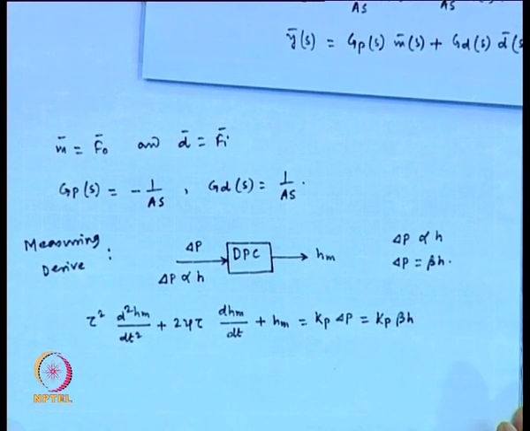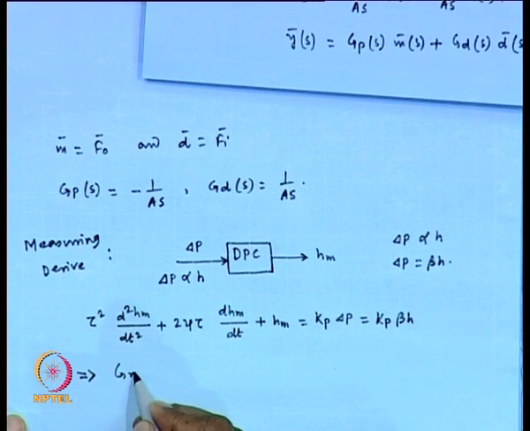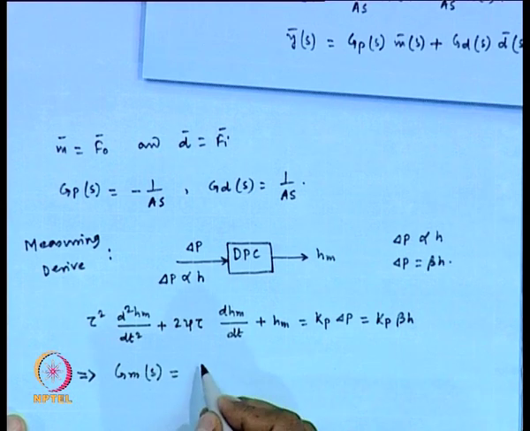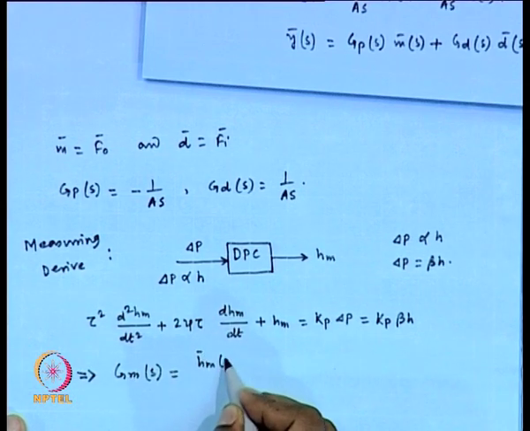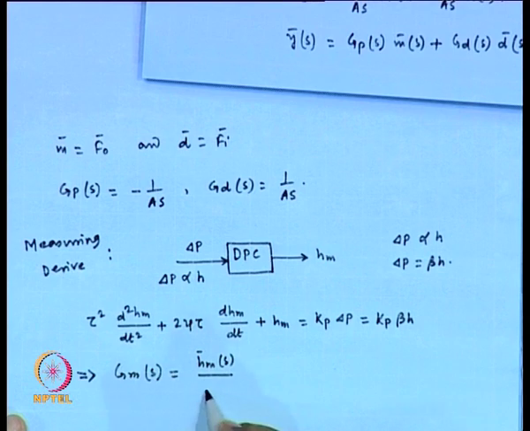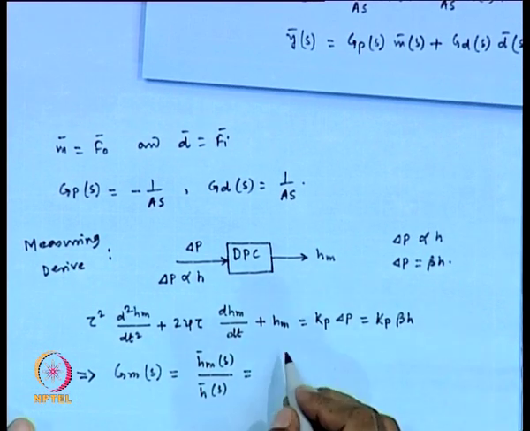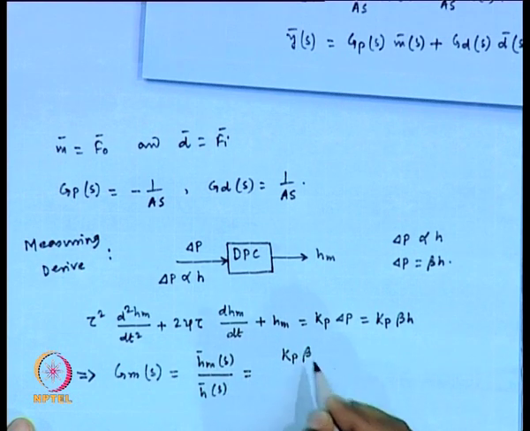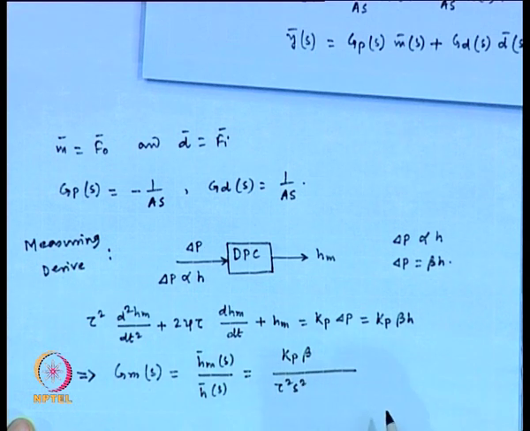Taking Laplace transform and rearranging, we get the transfer function G_m(s) equals output H_m bar(s) divided by input H bar(s), which is equal to K_p beta divided by tau square s square plus 2 zeta tau s plus 1.